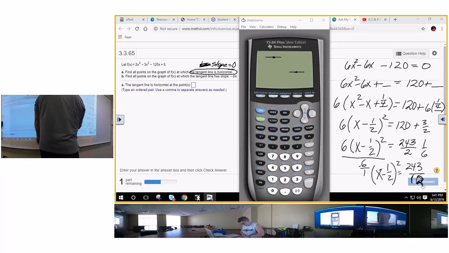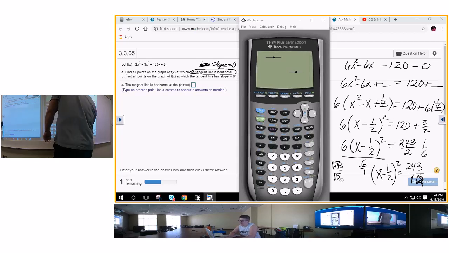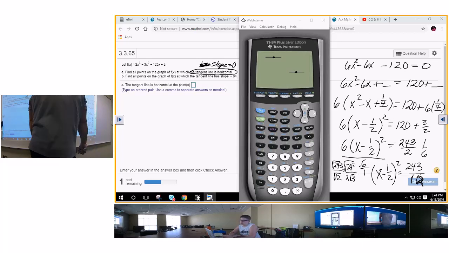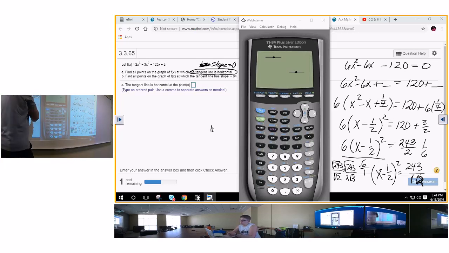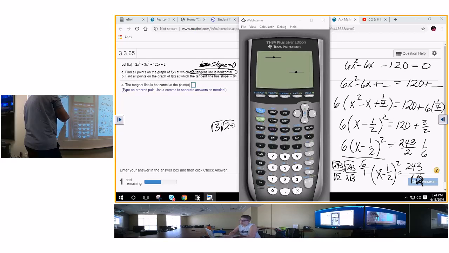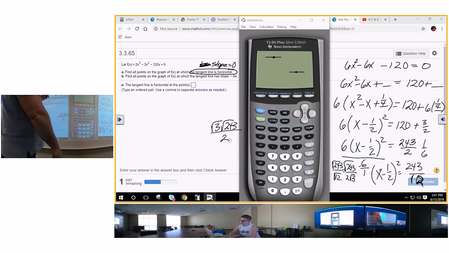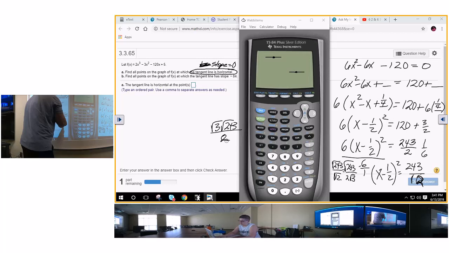That's going to be the square root of 243 over the square root of 12. The square root of 12 is 2 times the square root of 3. Somebody check my math. Oh, 2 times 3 is 6, isn't it? Yeah, that'd be a 6.